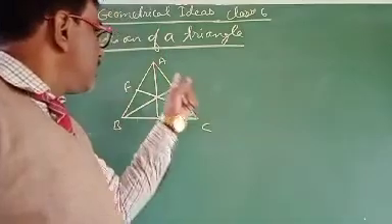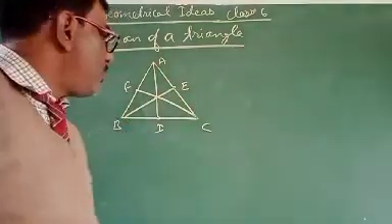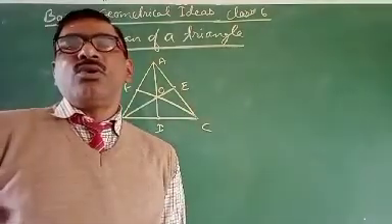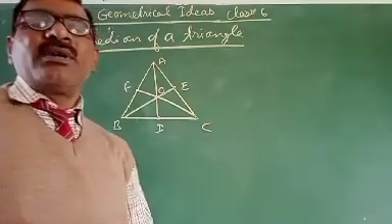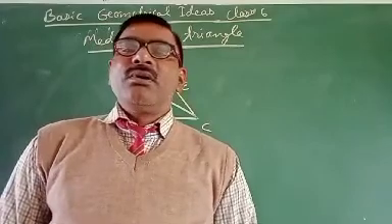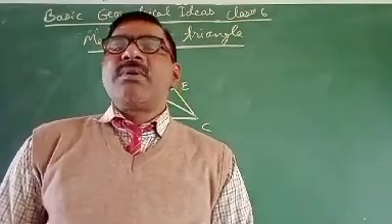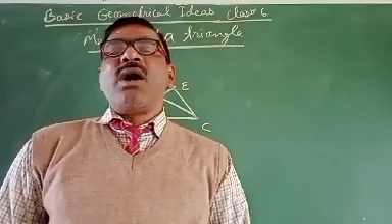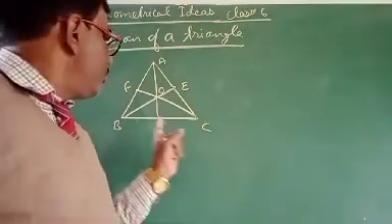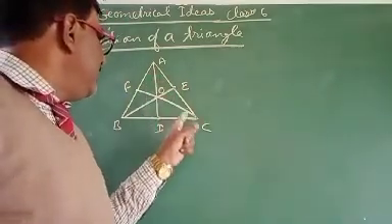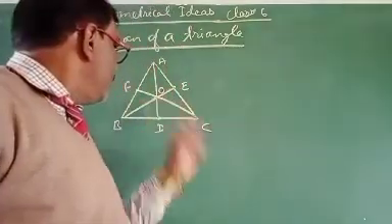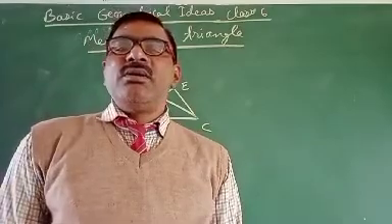We see that these three medians cut at point O. So O is called the centroid of the triangle. We can define the centroid of a triangle as the intersecting point of the three medians. Here at point O, medians AD, BE and CF intersect.